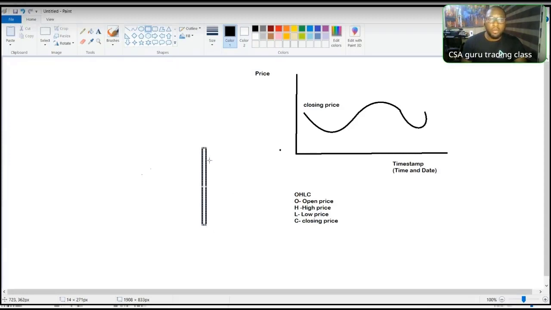Now we have the closing, we have the opening. Let's say the price opened here and the price closed there. If the price opened here and closed lower, it is going to be a bearish candle.